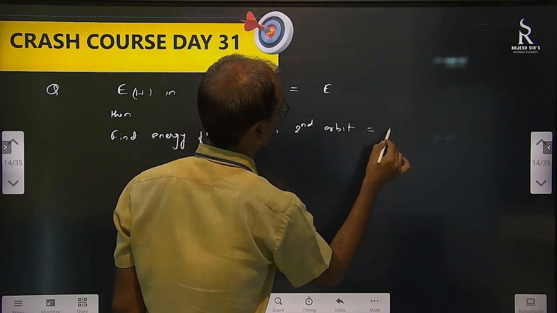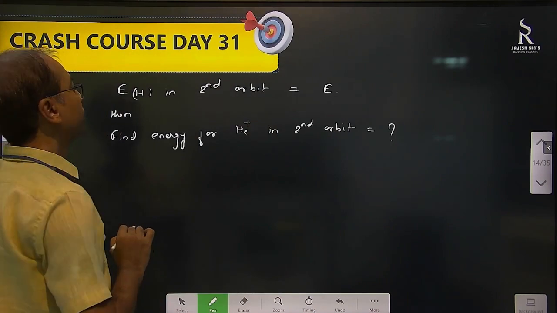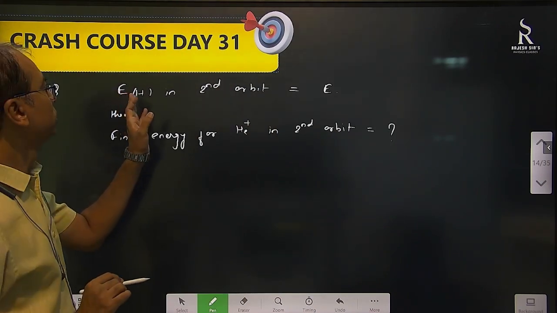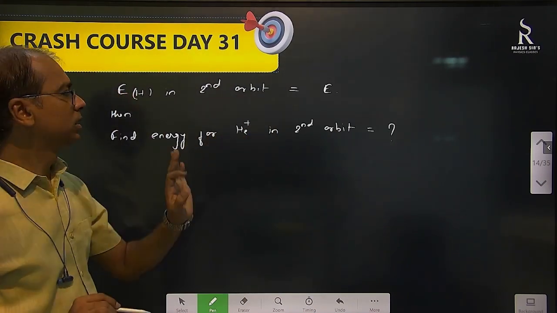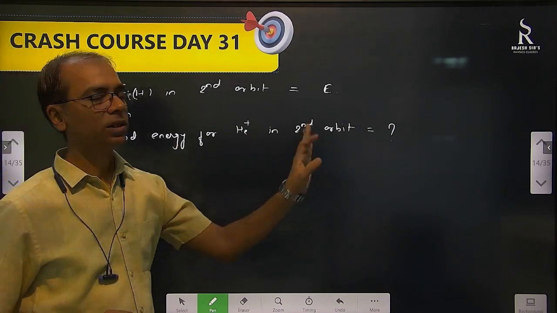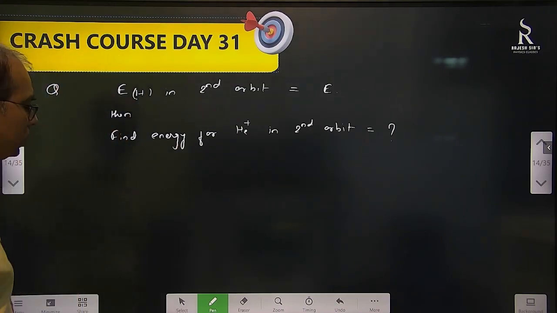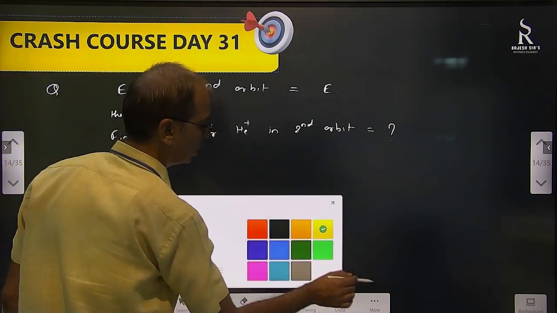Like this, a question will be asked. In hydrogen's case, in the second orbit energy is E. Then in helium plus, what is the energy in the second orbit? The question is simple.